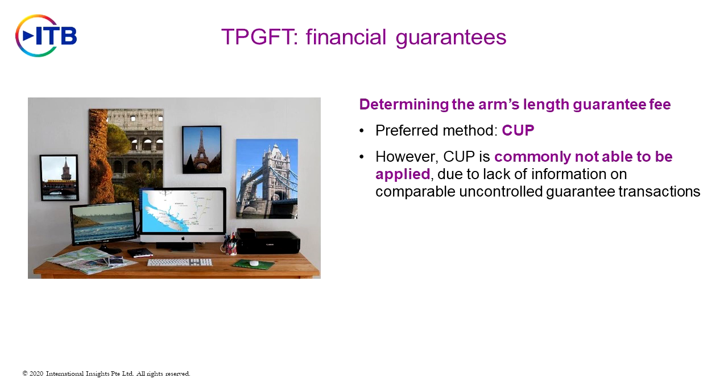The report discusses a number of ways to determine the arm's length guarantee fee. The preferred method, of course, is the CUP method. However, this is commonly not able to be applied due to lack of information on comparable uncontrolled guarantee transactions.